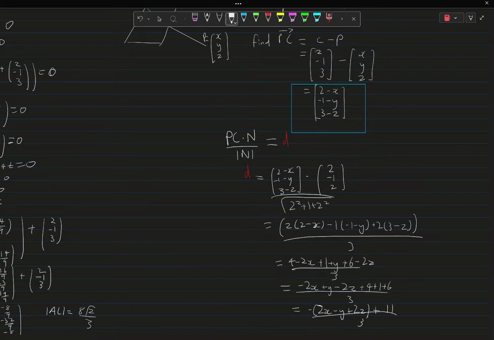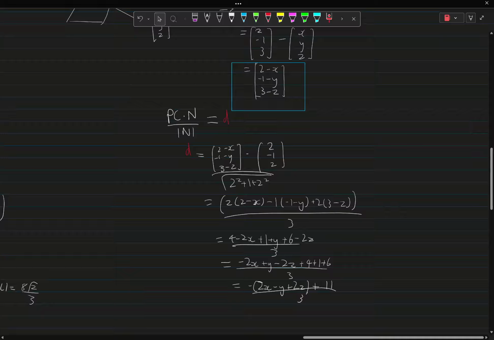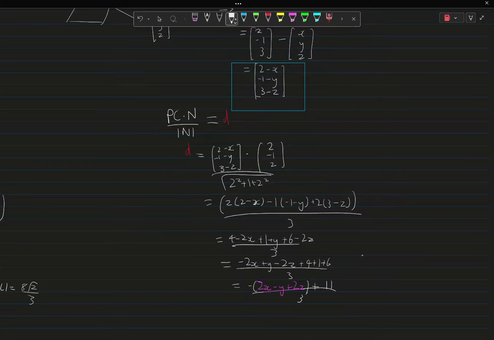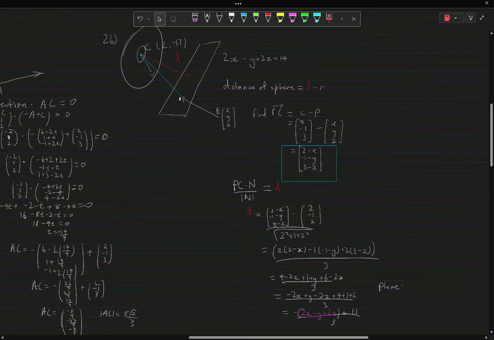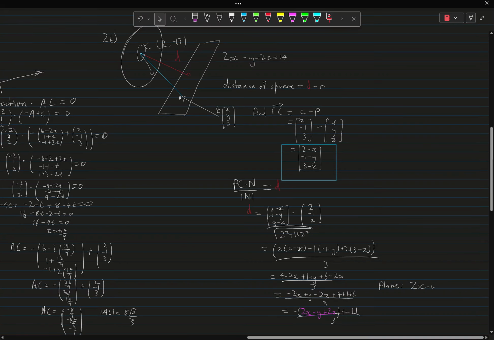That's all over 3. If we see this expression, we already know what this equals because of the equation of the plane. We had 2x minus y plus 2z equals 14.